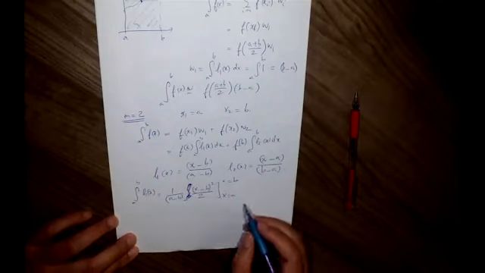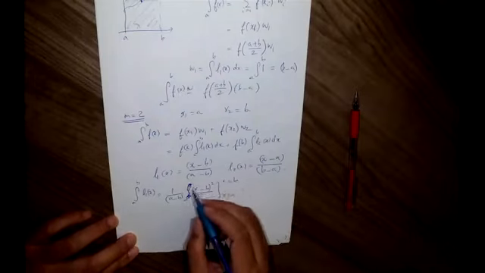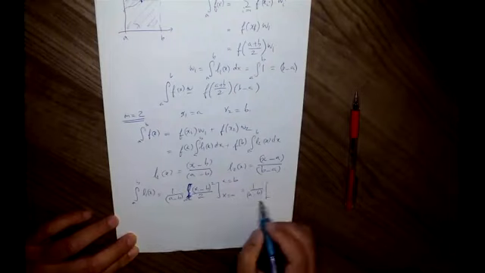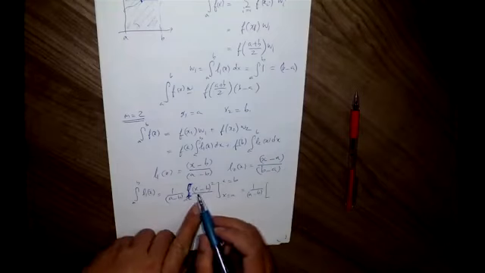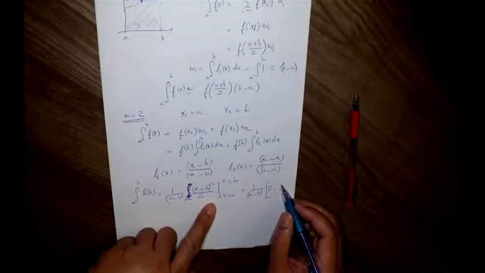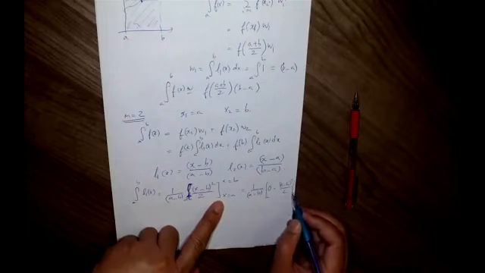So then you have 1 over (a minus b), and then you have 0 minus (a minus b) squared divided by 2, yeah?